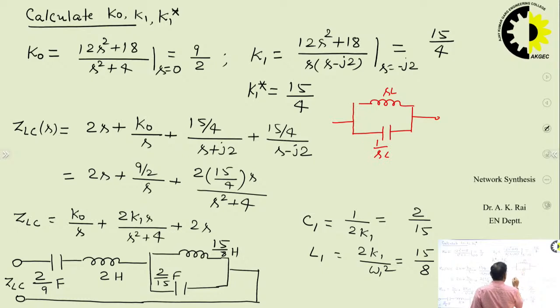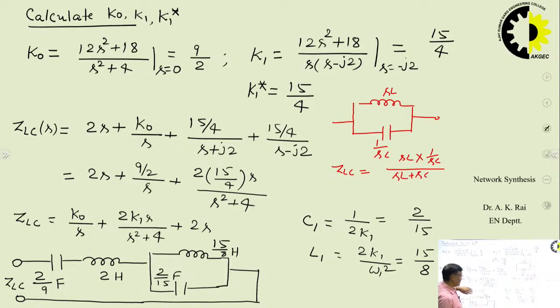Okay, and then find the ZLC. So it is SL into 1 by SC divided by SL plus 1 by SC, and try to convert it into this format, 2k1s upon s square plus 4. Try to convert this.